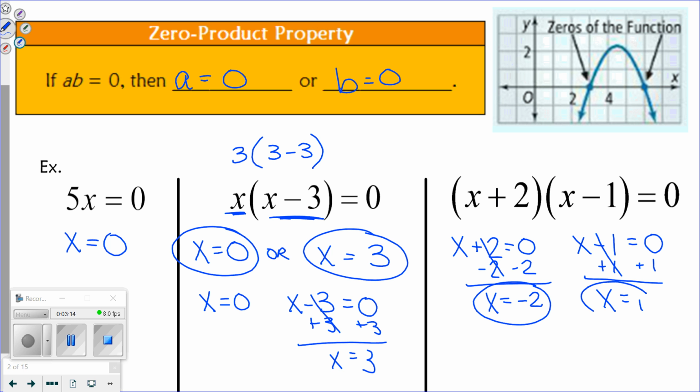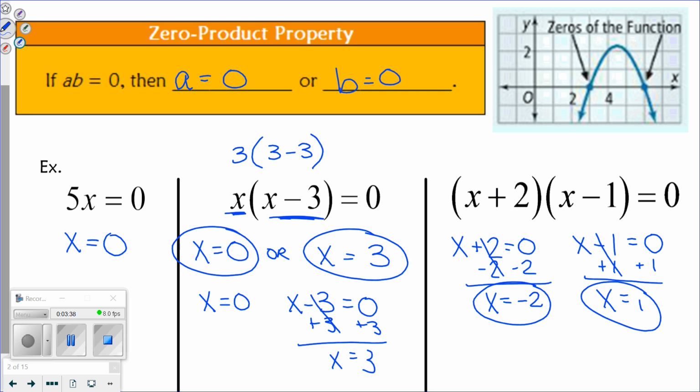X equals 1. So the two answers for x are negative 2 and 1. And the reason being, if I plug this back in, negative 2 plus 2 is 0, and 0 times anything is 0. If I plug in a 1, 1 minus 1 makes this one 0, and 0 times anything is 0. So you're finding the numbers that work.